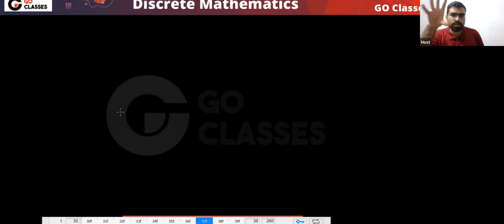In the GATE exam also they can do this, because the GATE people know that students can find isomorphism: if I give you 2 graphs, you can find whether they are isomorphic or not. Many people can do that, but many people don't understand the definition of isomorphism. So in the GATE exam, they can give you 4 options, and one of them will be the definition of isomorphism. Other options will not be the definition.